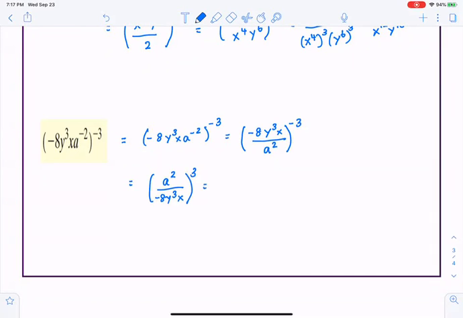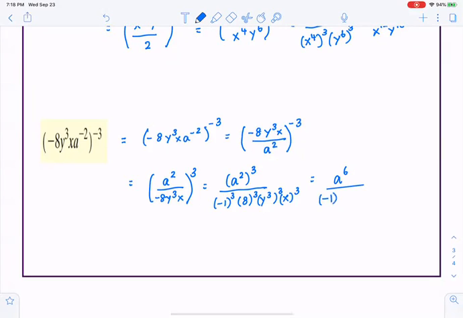Now we could apply the exponent to each term. So we have a squared raised 3, negative 1 raised 3, 8 raised 3, y cubed raised 3, x raised 3. Using one of the rules, a squared raised 3 would simply be a raised 6. Negative 1 cubed is simply negative 1. 8 cubed is 512.